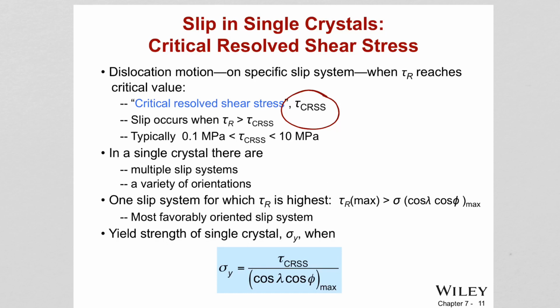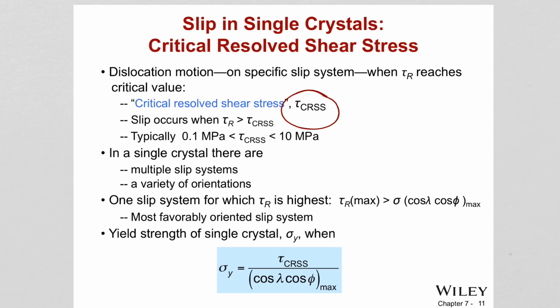The typical values of those critical shear stresses are given. That is the minimum shear stress level that you need to obtain in order to initiate the slip. And this is basically a property of the material. So this is where the yielding happens. Once the dislocation motion starts, the plastic deformation happens.